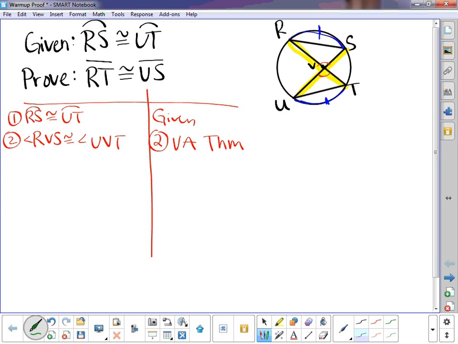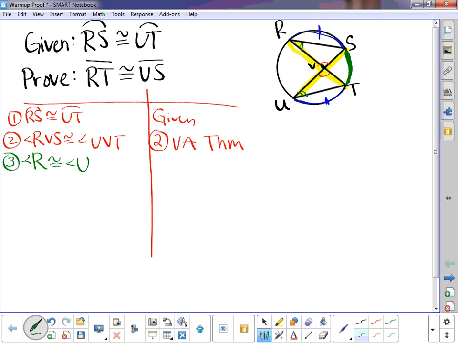Angle R and angle U are congruent because they're inscribed angles that share the same arc. Very good. So angle R is congruent to angle U. Okay. If we look, they intercept that same arc.